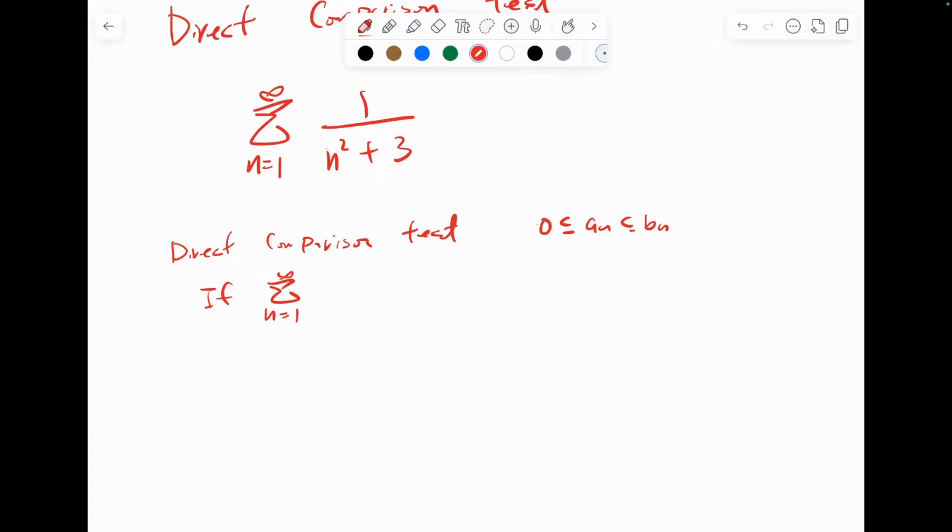Okay, this is our situation. So if the sum of b_n converges, then the sum of a_n from n equal to 1 to infinity converges too. Why? Because it's in between, less than a convergent series. So it has to converge. Does that make sense? How many people are lost? No? Okay. You guys are better than I think.